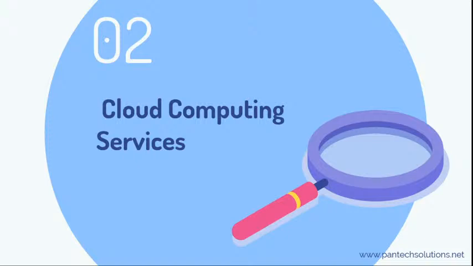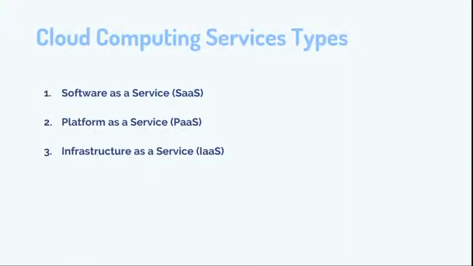If you want to build an application and check that application, we have different services. If you want to buy hardware and install an OS, we have different services too.